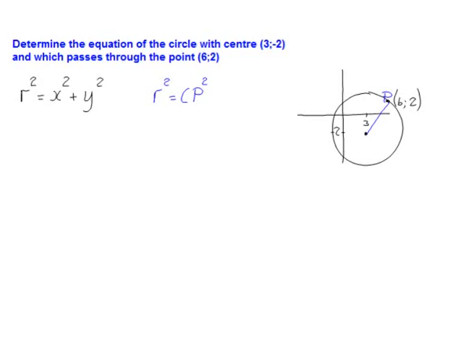Isn't CP your radius? Let's make it a C over here. C is over here at coordinate (3, -2). So r squared is equal to CP squared.